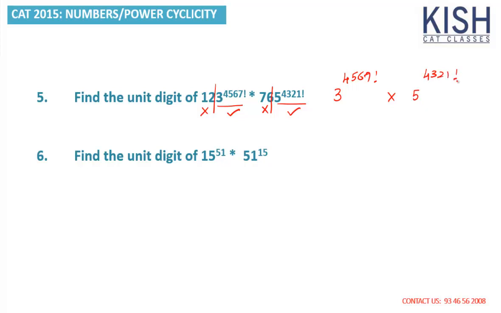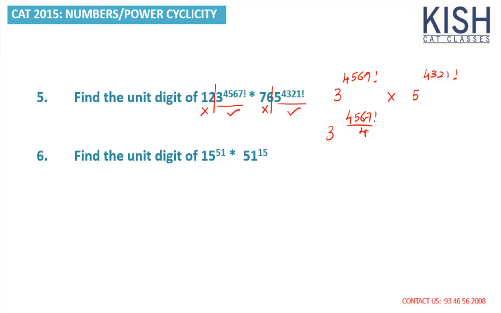Now you can apply a strategy, but if you really want to find the unit digits, that we can always do. Now 3 power 4567 factorial, and we need to find its unit digit. 4567 is not the number, it's 4567 factorial that is the number. As usual, what we need to do is divide 4567 factorial by the number 4. The number 4 is the cycle size of 3. The cycle is nothing but the different unit digits that we get when 3 is raised to any power.